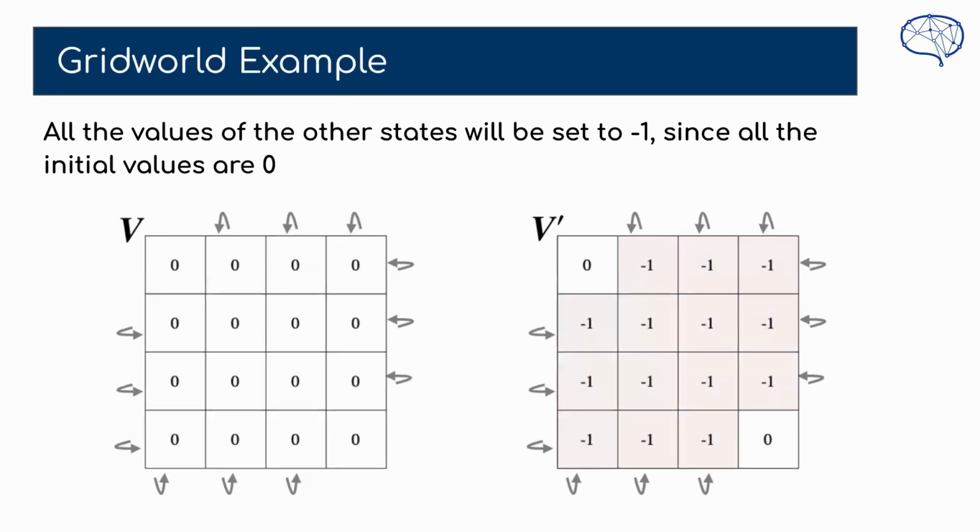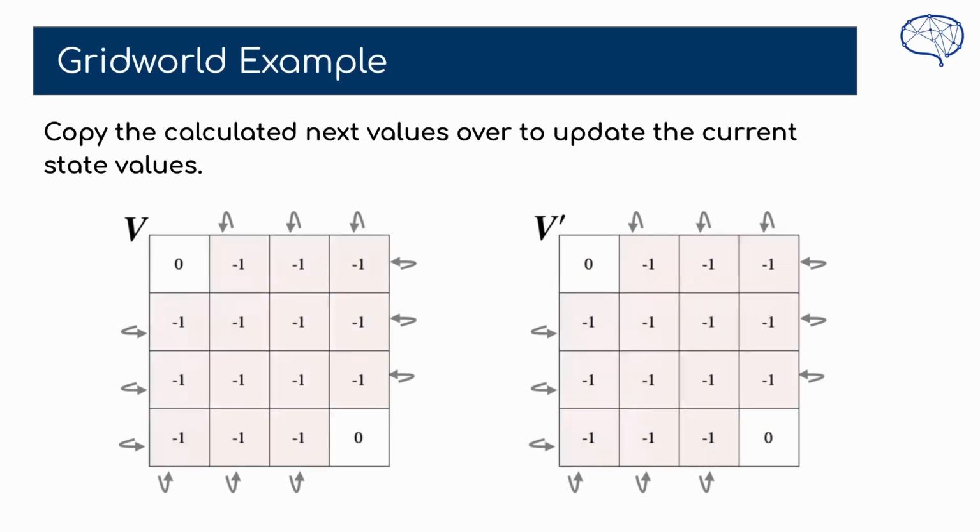So once we have this grid, this becomes the values that we're going to use to compute the next iteration.